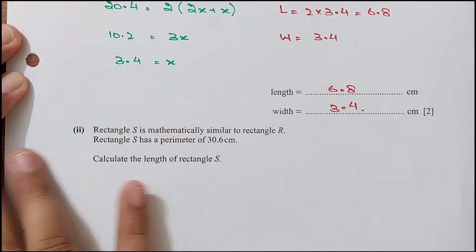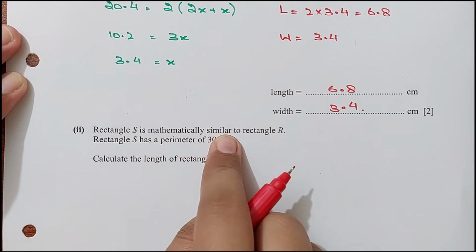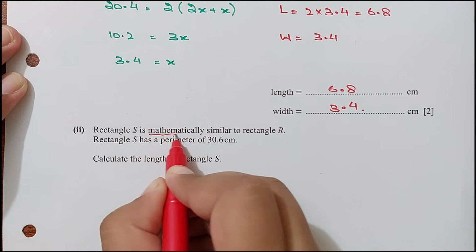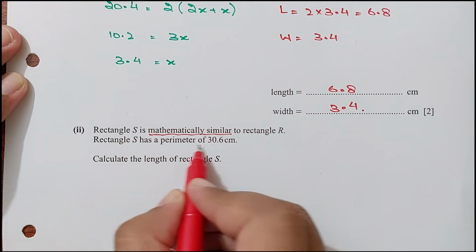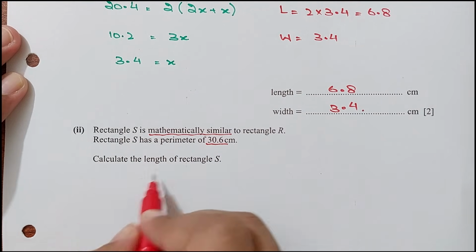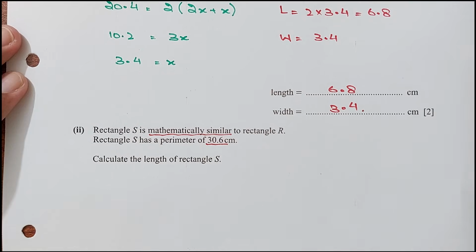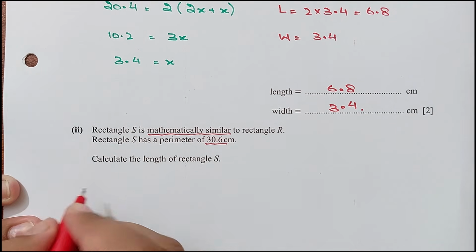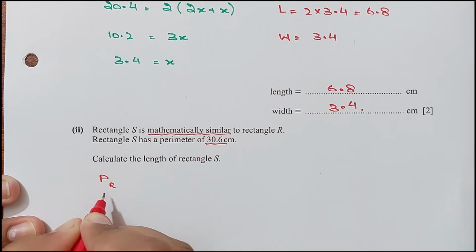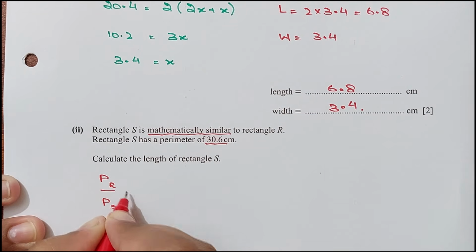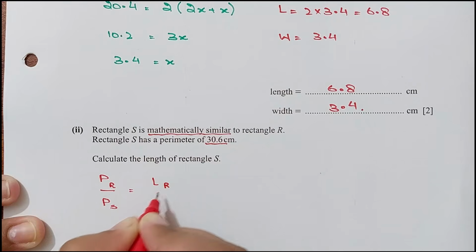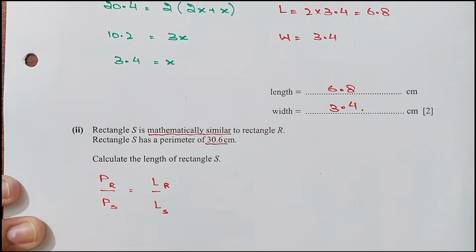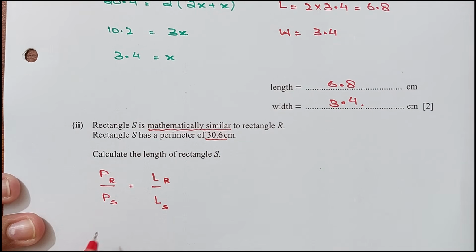Now for the second part, rectangle S is mathematically similar to rectangle R. Rectangle S has a perimeter of 30.6 centimeters. Calculate the length of rectangle S. If they are mathematically similar, then the perimeter of rectangle R over the perimeter of rectangle S equals the length of rectangle R over the length of rectangle S, right? So the perimeter of R is 20.4, the perimeter of S is 30.6.